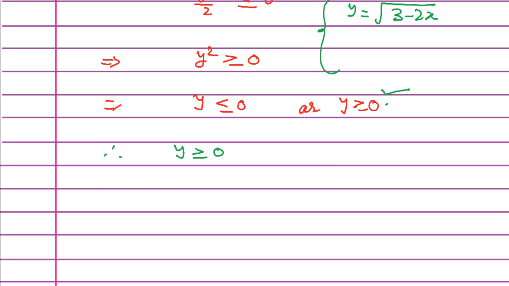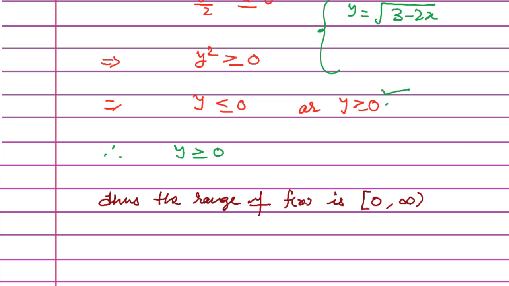Thus the range of f of x is 0 to infinity, the non-negative real numbers. It means 0 to infinity, so 0 is included here and infinity would not be.